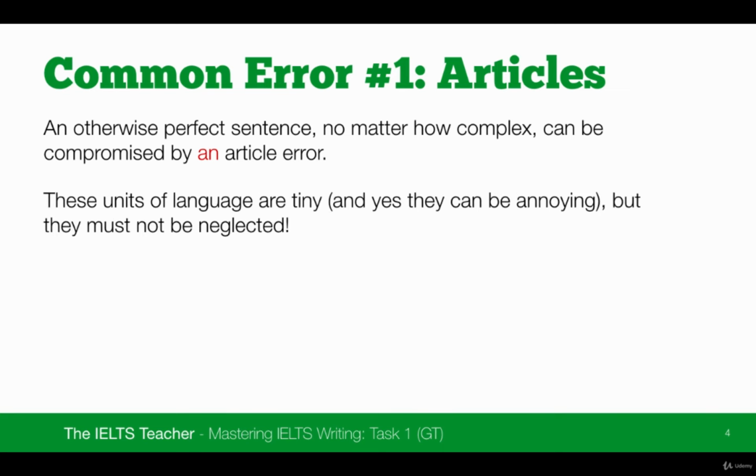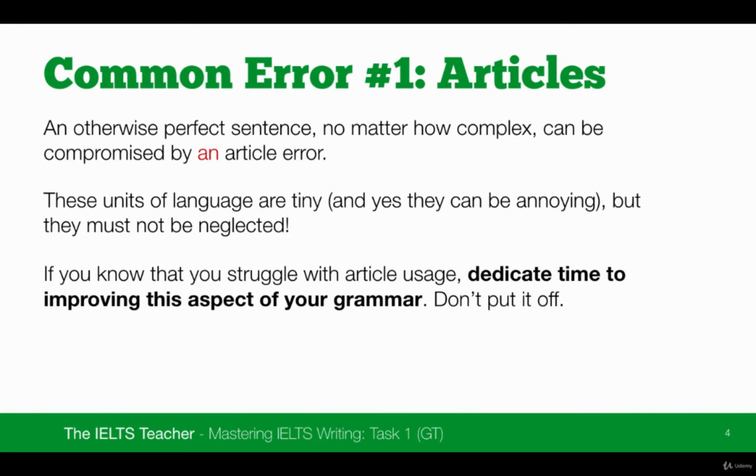These units of language are tiny, and because they are so small, and for some languages they aren't necessary, they can be very annoying, they're frustrating, but they must not be neglected nevertheless. If you know that you struggle with article usage, potentially because your language doesn't use articles, dedicate time to improving this aspect of your grammar.